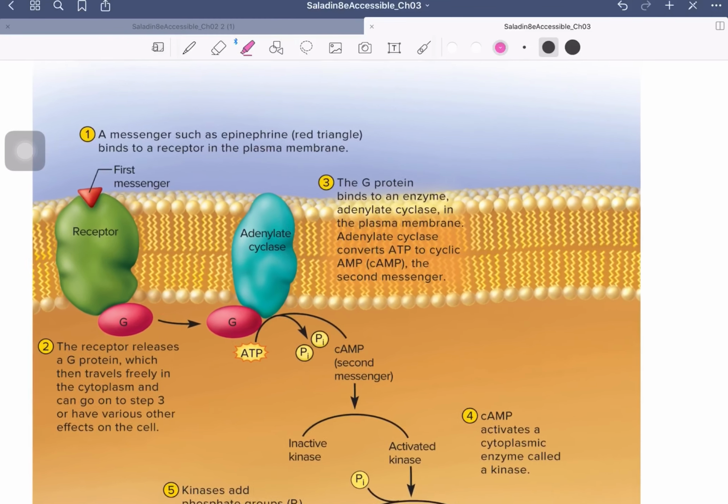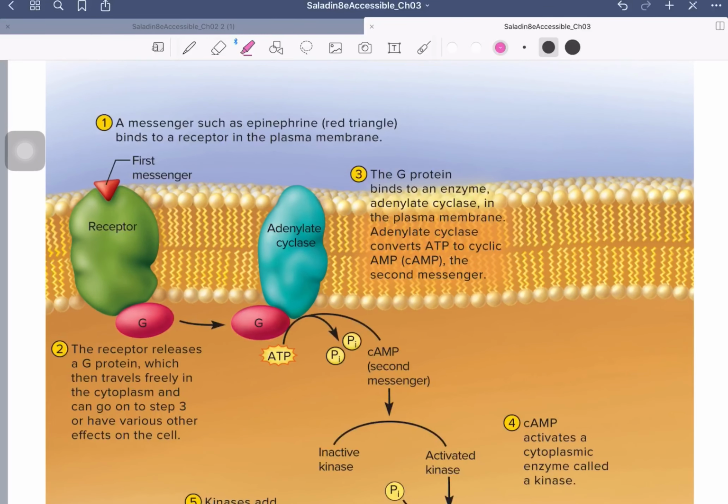Well, just a reminder, when you're looking at the cell membrane, we have hydrophilic areas and hydrophobic areas. So only substances of a certain type of chemistry can physically cross into the cell. We're talking about messengers that want to come into the cell and tell the cell to do something, like turning on an enzyme or a metabolic pathway.